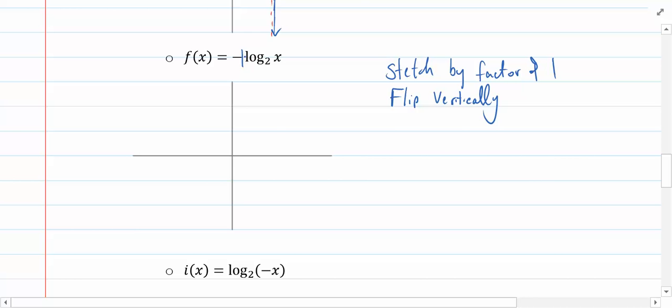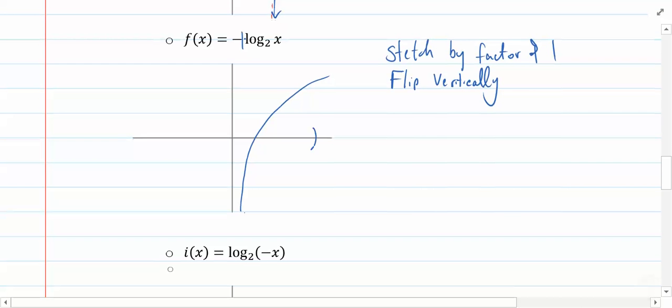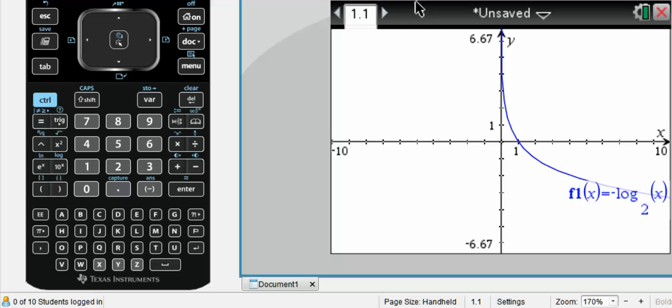So if we flip it vertically, we're used to looking at a graph that might look something like this. Instead, I need to flip it vertically from top to bottom. And what we might end up with is something that looks like this. So let's go to the graphing calculator and check that one out. And here's a graph of that function, negative log base 2 of x.